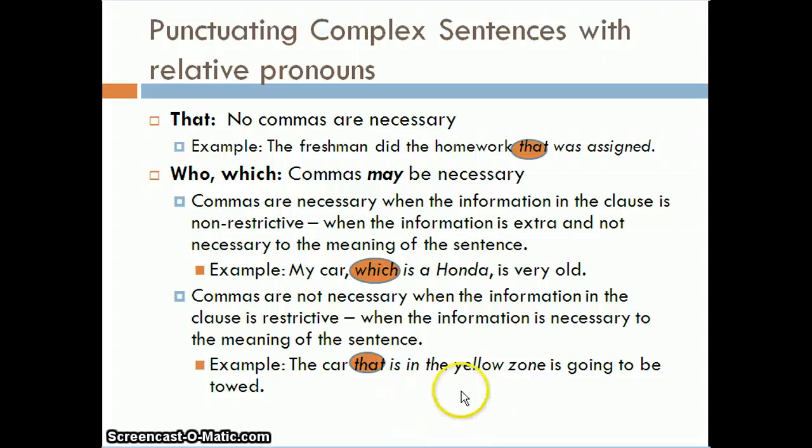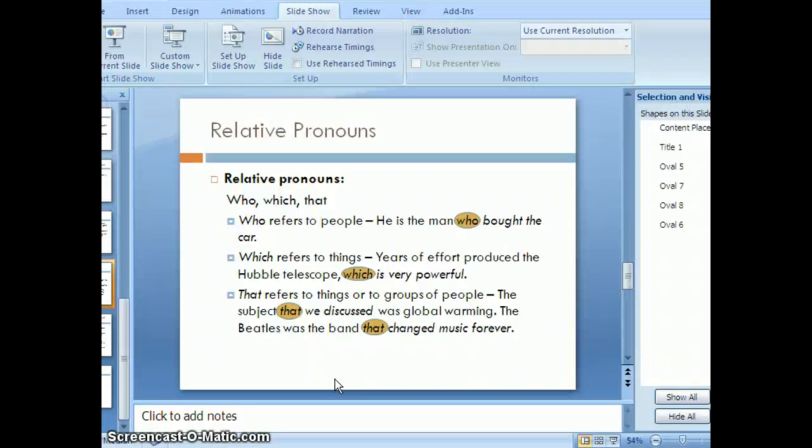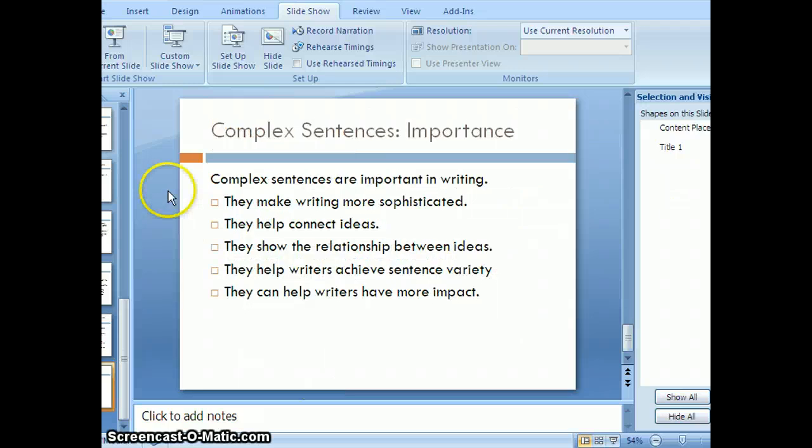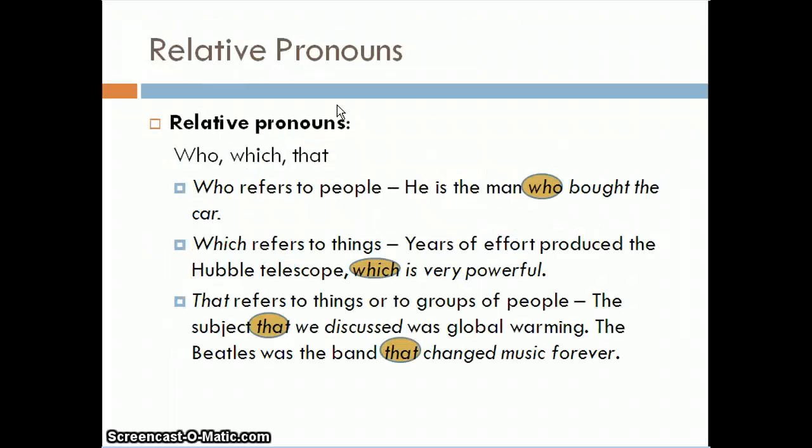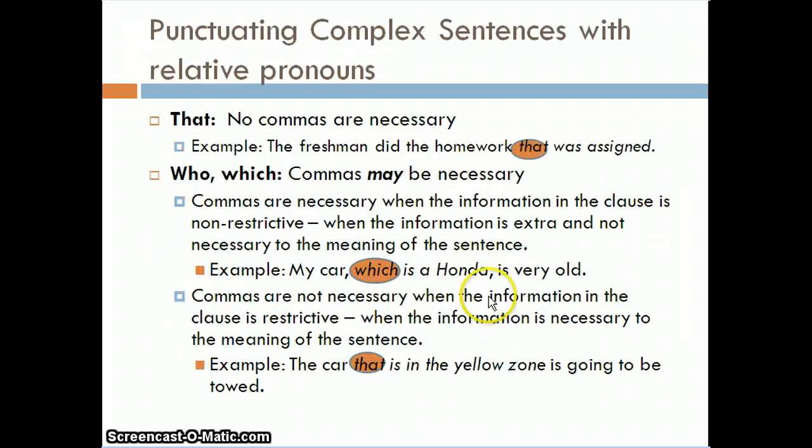That information, the fact that the car is in the yellow zone, is telling us which car we're talking about. We're not talking about any car, but we're using that pronoun. So the fact that the car is in the yellow zone is the reason that it's going to be towed. And that information in that relative clause is telling us which car we're talking about.